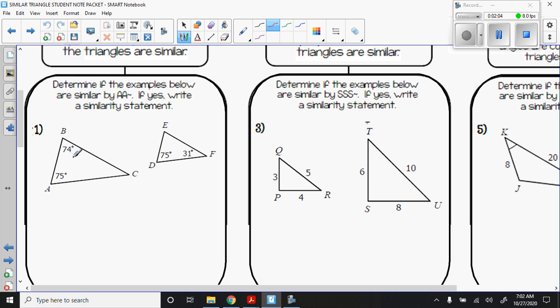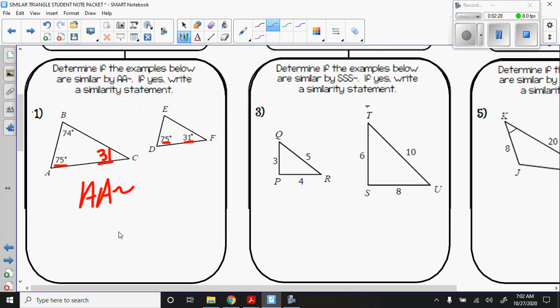So right now on my calculator, I'm taking 180 minus 75 and that's 74. And I do get a 31 here. So now I see two 31s and I see two 75s. These are similar using angle, angle. So there's why they're similar.